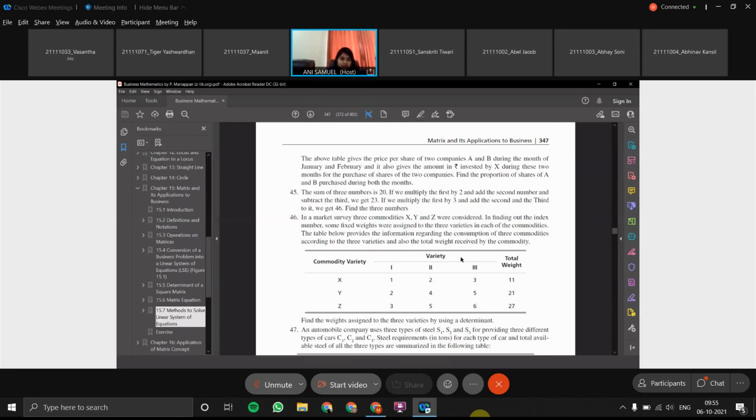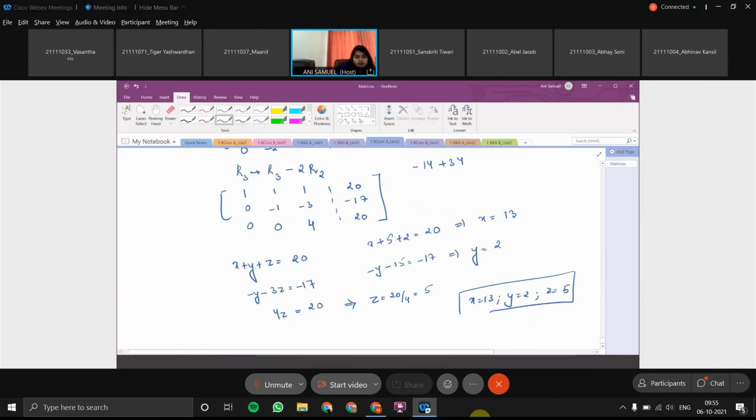So it is 2x plus 4y plus 5z is equal to 21, and 3x plus 5y plus 6z equal to 27. Matrix form.